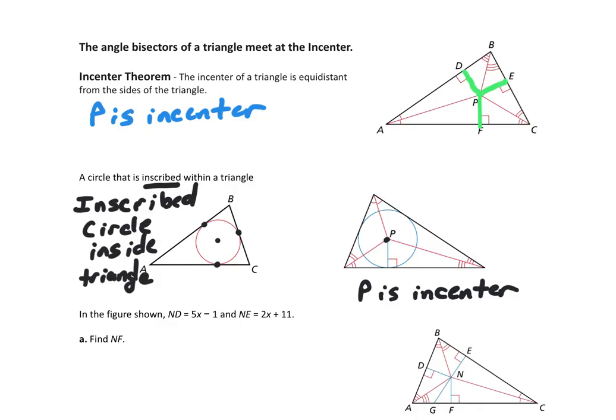So when I connect this, P is the incenter, and we're going to say that DP, EP, and FP are all equal to each other. So we really have to pay attention to the relationships and what kind of piece that we have.